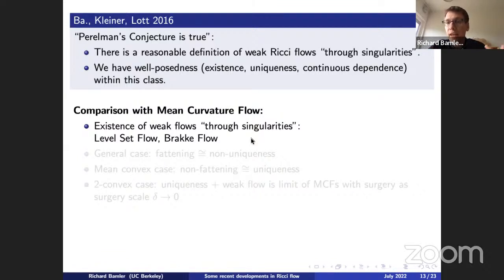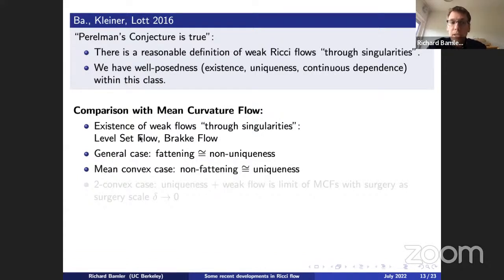So we can use the ambient space to define a level set flow through some kind of viscosity principle, or the Brakke flow through some kind of weak integral principle. However, if we ask about uniqueness, then the answer is no in the general case, because there's a phenomenon called fattening, which is associated to non-uniqueness. So for general mean curvature flows, Perelman's conjecture would be false.